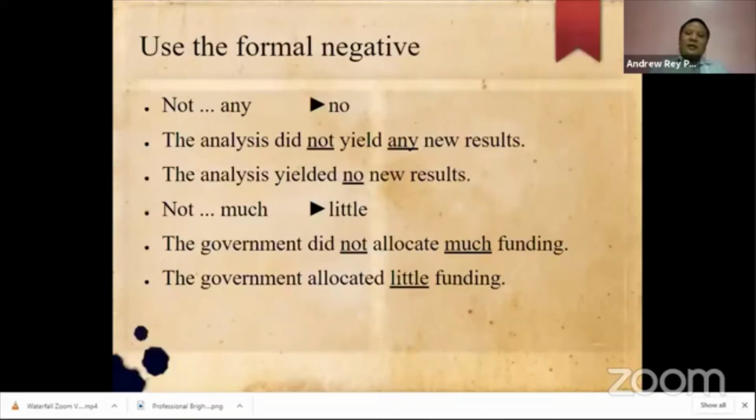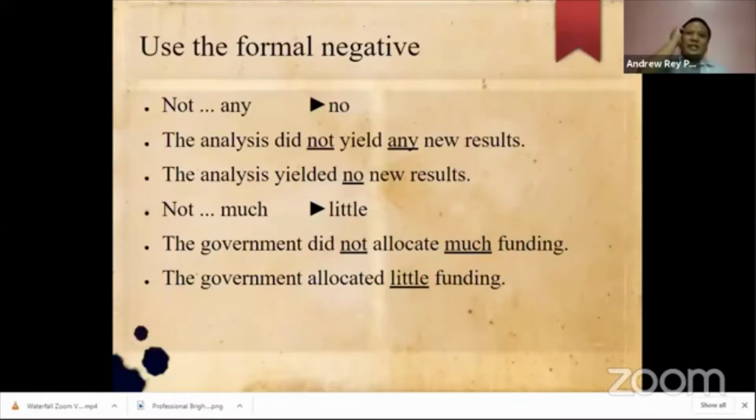Now in shifting to a formal style, you also use the formal negative. Instead of saying not any, you have to use no. So for example, the analysis did not yield any new results. You replace that with the analysis yielded no new results.